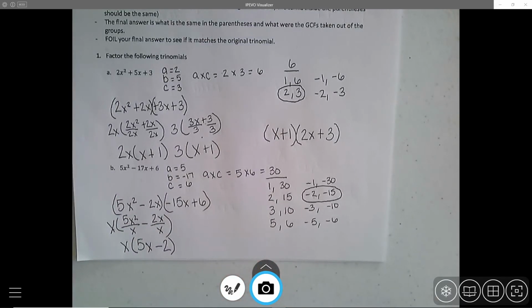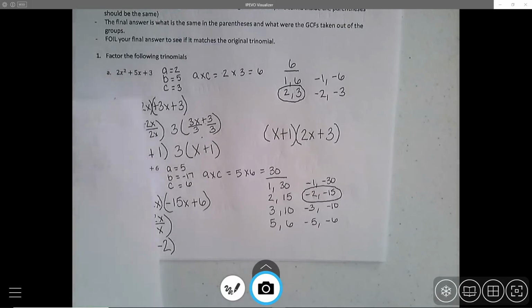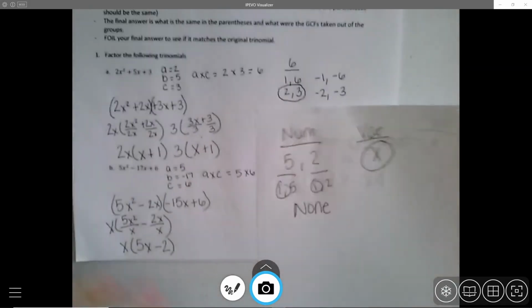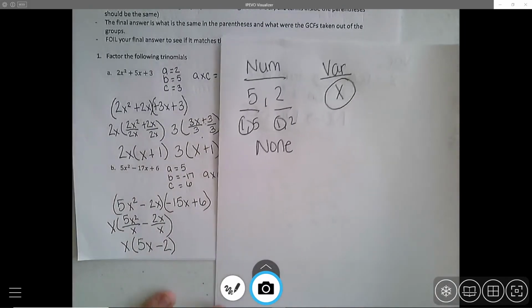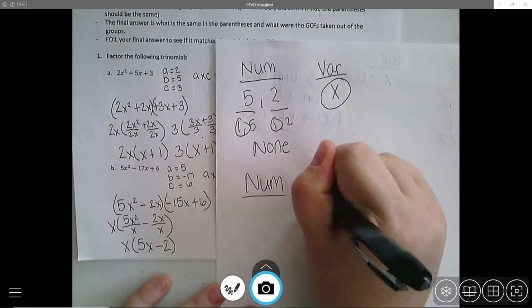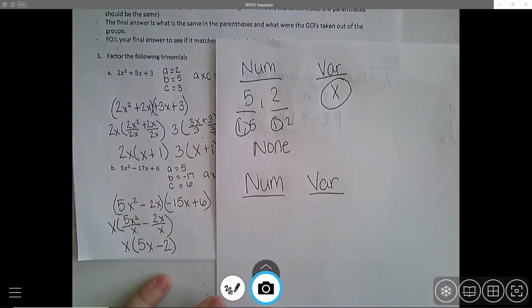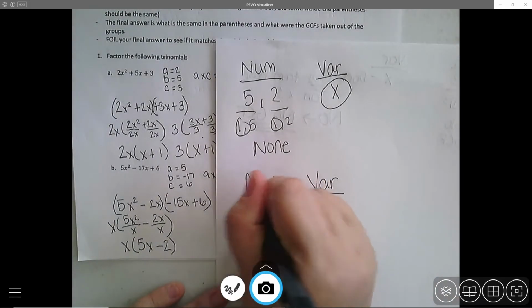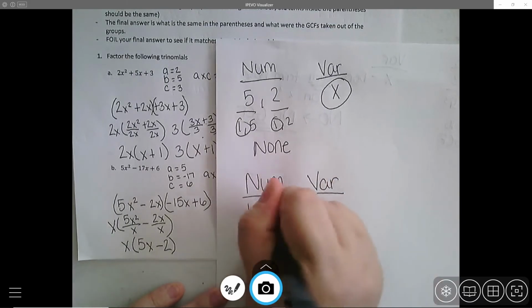Now you're going to work with that second parentheses. Okay, in my second parentheses, if I go down here below, again, I have numbers, I have variables. The numbers that I see in this problem are a 15 and a 6.